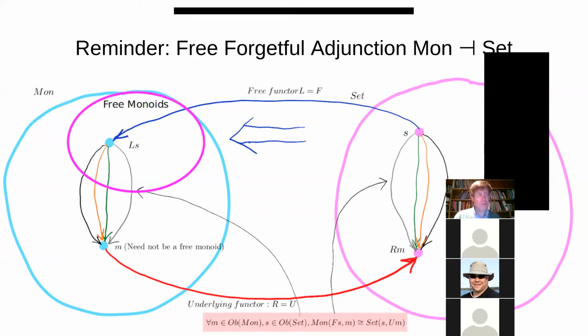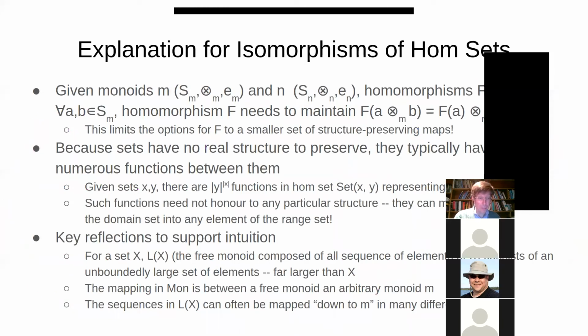It has a countable infinity of elements, right? It has every possible sequence of that element. It has the empty sequence, it has the element, the singleton sequence, it has two of that element, 3, 4, and so on, without bound. So a given set might be very small, but it gets mapped to an unbounded set in the free monoid to which it corresponds. So for a given set X, L of X can be far larger than X.